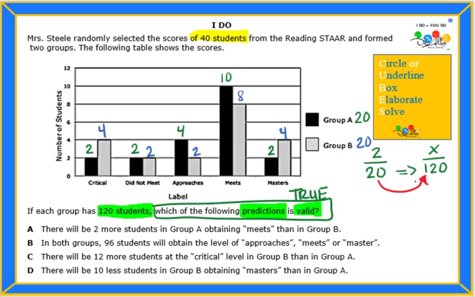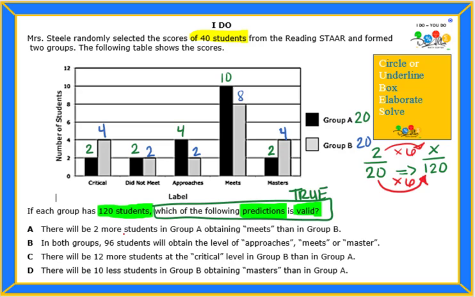If we're going to have 120 in each group, we're going to have 6 times as many students. So 2 would be 6 times as many, which is 12. Each one of these bars is going to be multiplied by a factor of 6 so that we can predict how many of that amount would be in a group of 120 students.